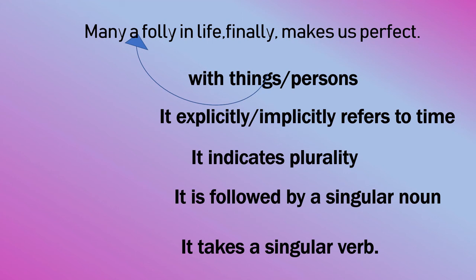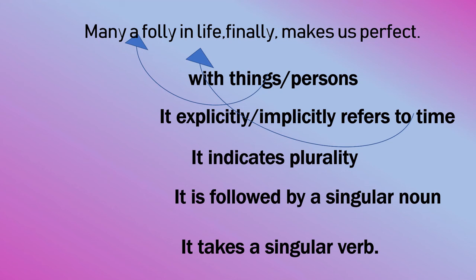Coming to the second characteristic, it explicitly or implicitly refers to time. We can see that the phrase in life is there and it gives us a clear idea of when it happens. And the answer is during a person's lifetime. The reference of time is explicitly given there. Hope you understood how the second characteristic suits the content of our sentence.